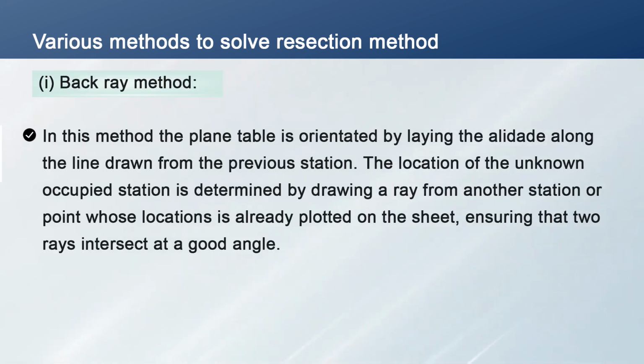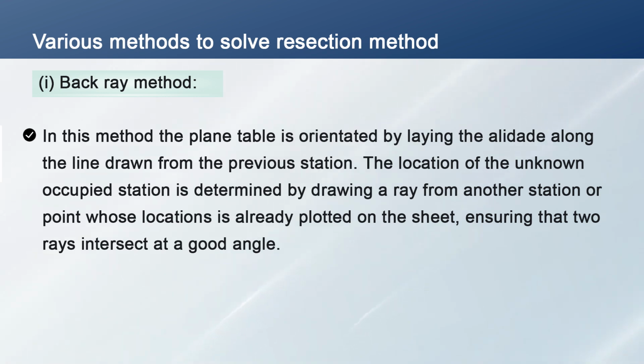In the back ray method, the plane table is oriented by laying the LED along the line drawn from the previous station. The location of the unknown occupied station is determined by drawing a ray from another station or point whose location is already plotted on the sheet, ensuring that the two rays intersect at a good angle.